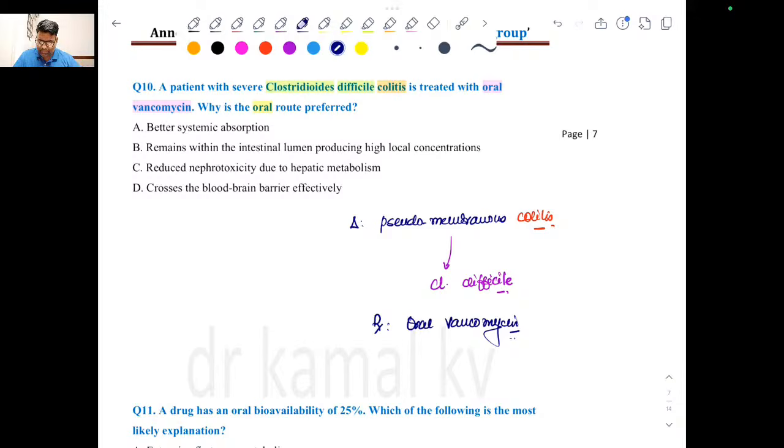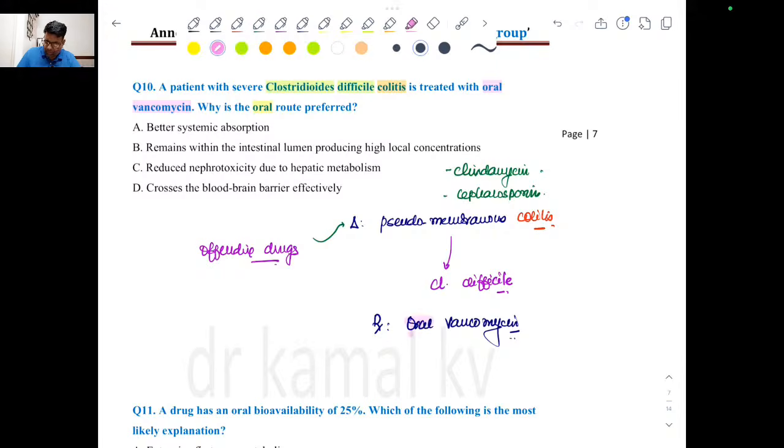And I think if you know the offending drugs which can cause pseudomembranous colitis, so one is clindamycin, then cephalosporins. So long duration antibiotic therapy. So we are giving oral vancomycin.